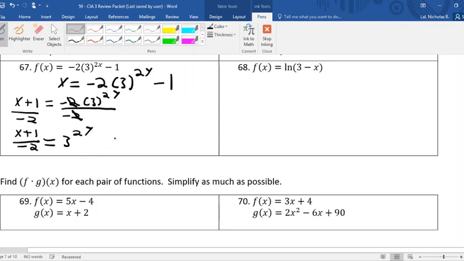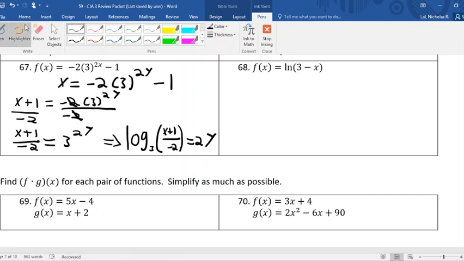Use logarithms, take the change of base. So the log base 3 of x plus 1 over negative 2 is going to be equal to 2y.